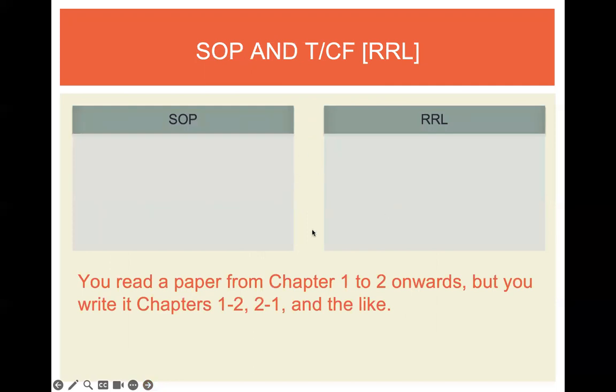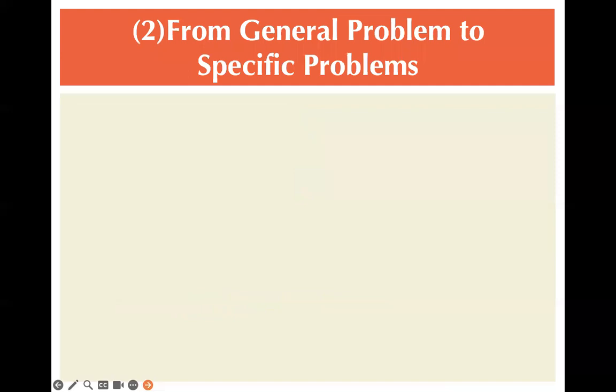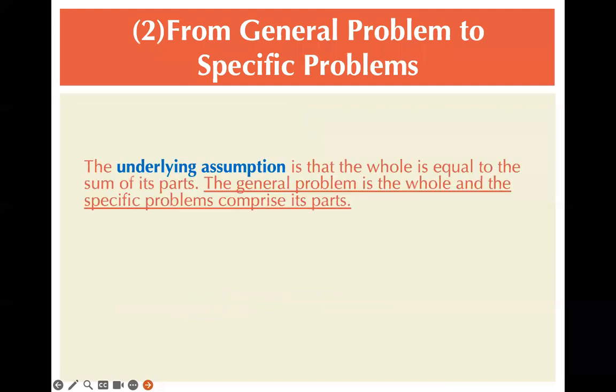So, if the RRL is chapter 2 or we have a theoretical and conceptual framework, this is going to be a pendulum movement from the statement of the problem and the theoretical or conceptual framework or the RRL. It's a pendulum movement. Okay? So the underlying assumption is that the whole is equal to the sum of its parts.